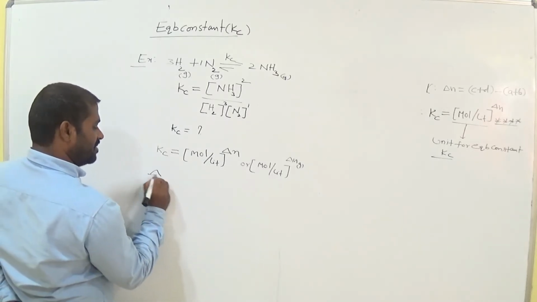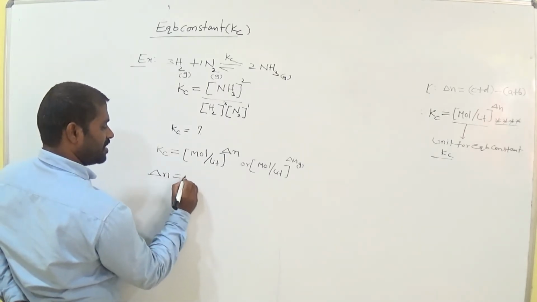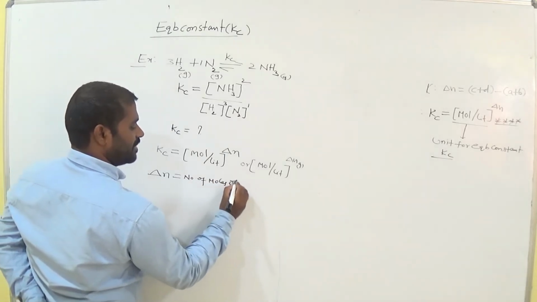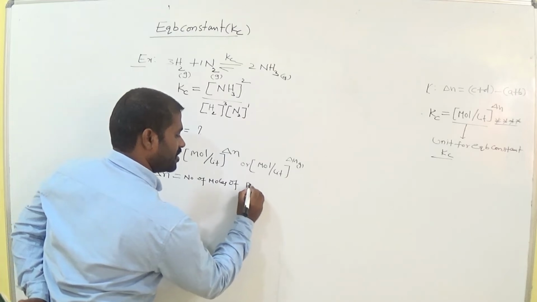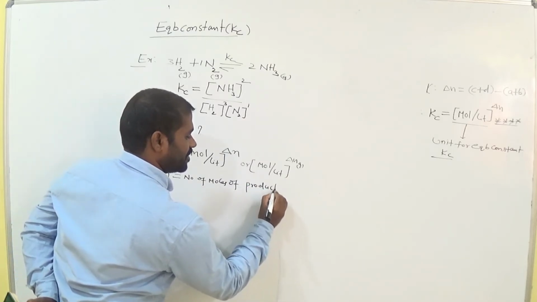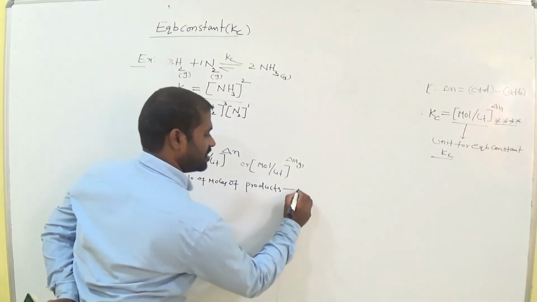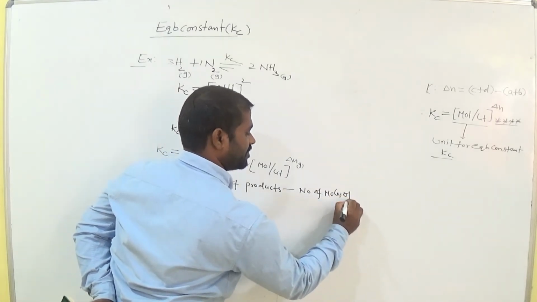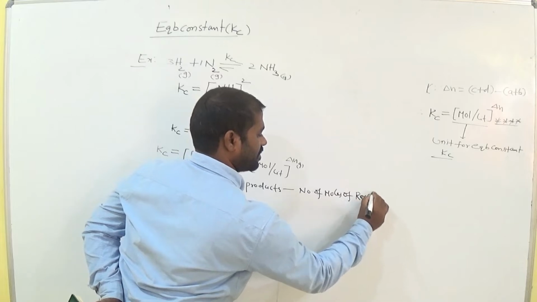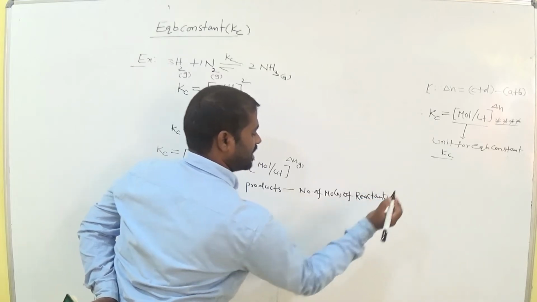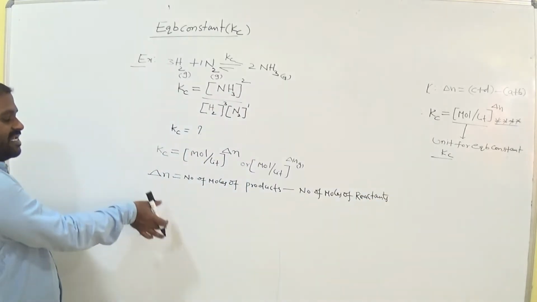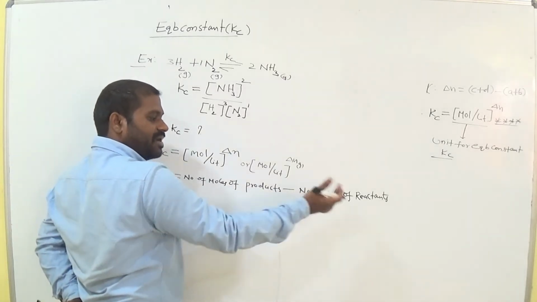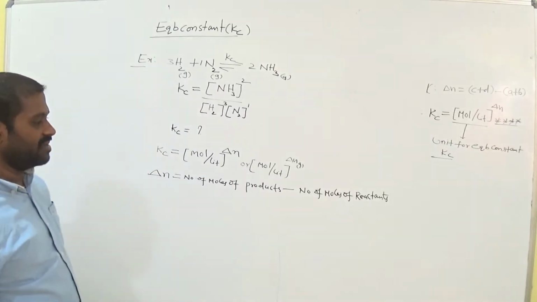So delta n means number of moles of products minus number of moles of reactants. So delta n is the difference between number of moles of products and number of moles of reactants. Am I understood now?